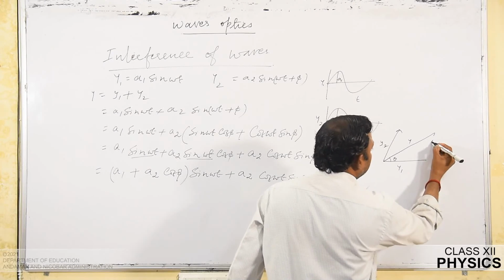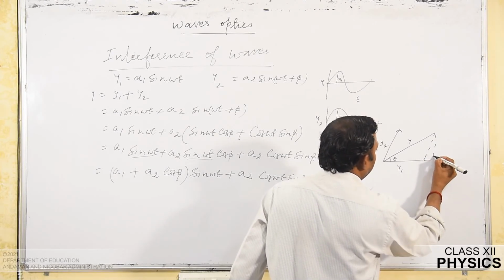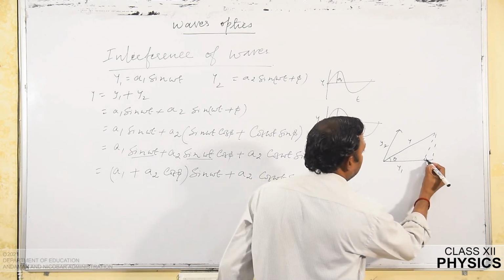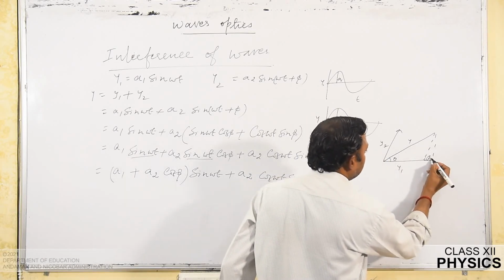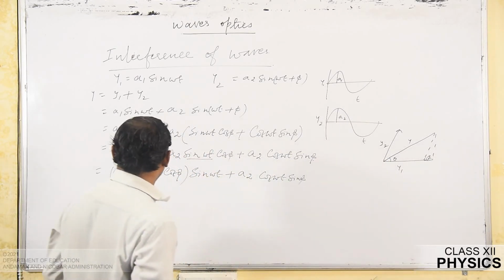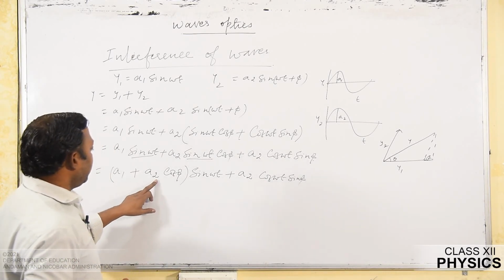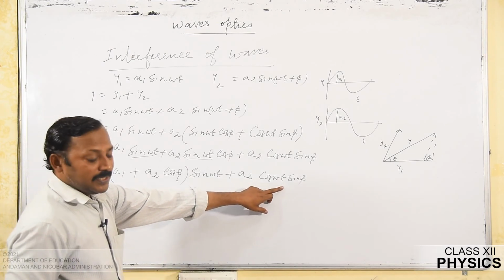So the resultant displacement y will have a phase difference of theta with reference to y1. The angle between, that is the phase difference between y2 and y1, can be taken as phi. So here we get the final displacement y is equal to (a1 plus a2 cos phi) sin omega t plus a2 cos omega t sin phi.